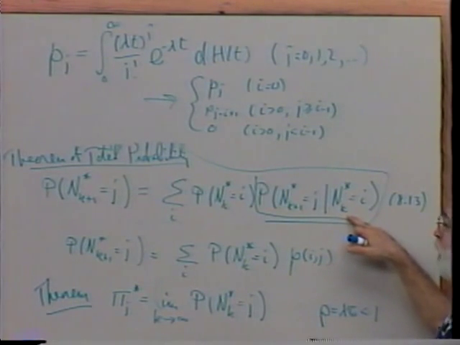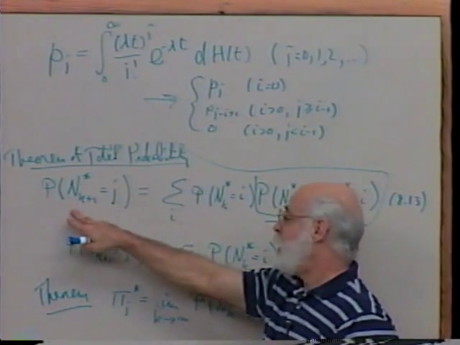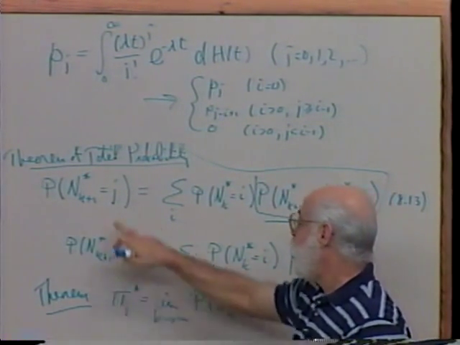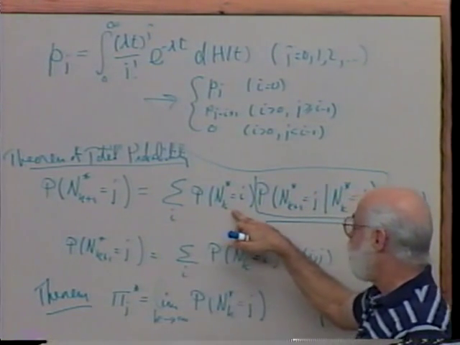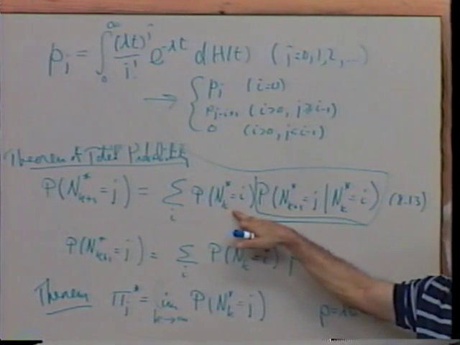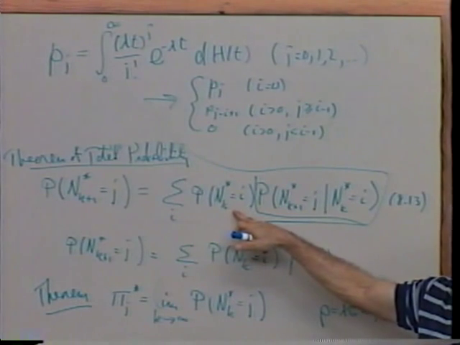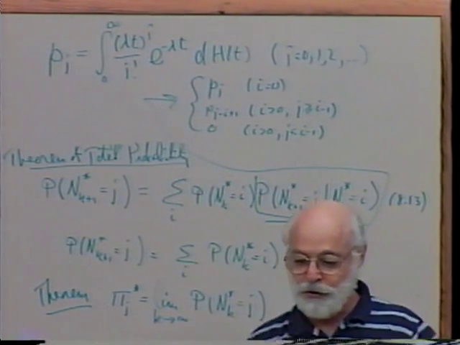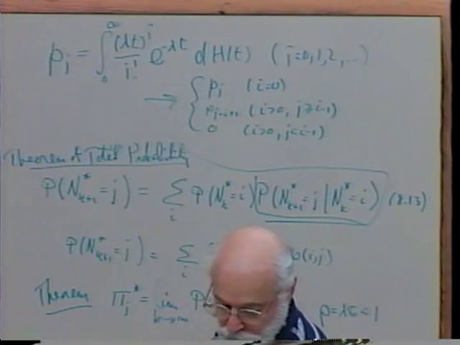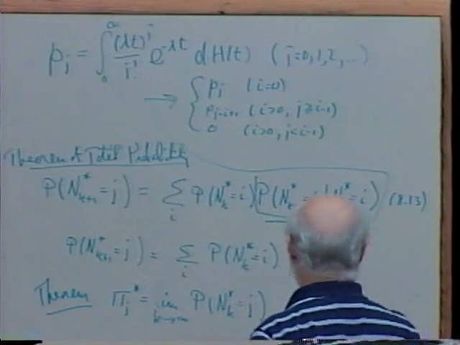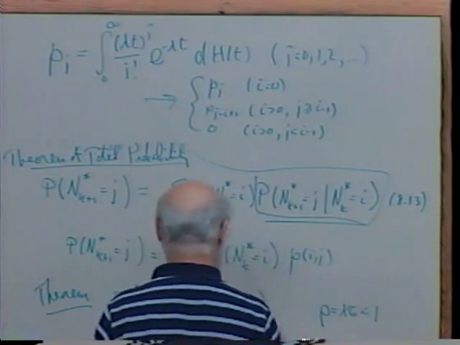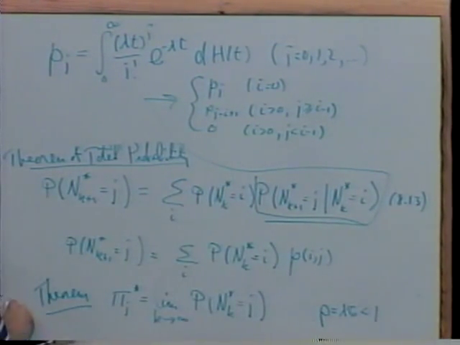And all that happens is I formally replace this one by pi j star, and I replace this one by pi i star, and then I have a set of equations to solve. Those equations are given in the book as 8.20. This is 8.19, by the way. So right here is 8.19.